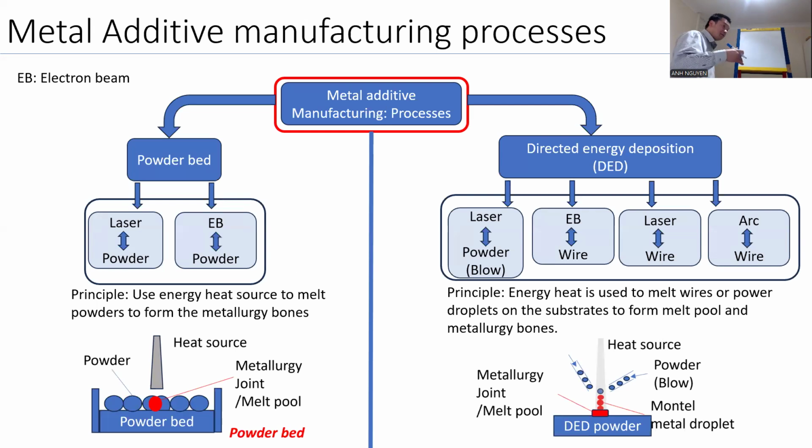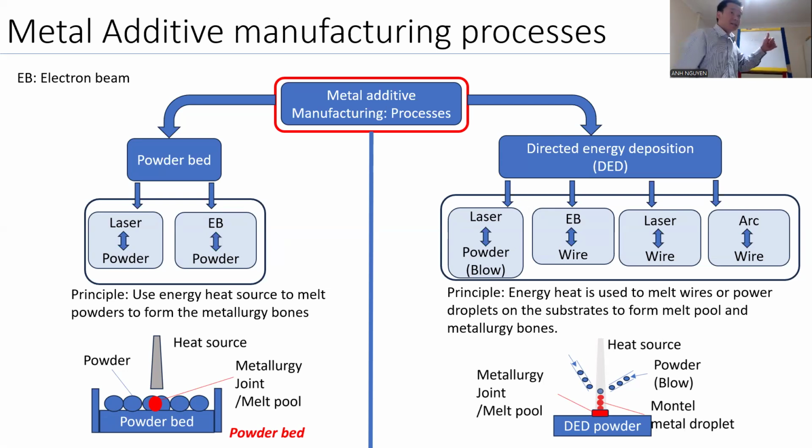Before the break, we already discussed what the metal AM process is. Do you remember, in metal AM we have two components. What are the two components? The first is the heat source.